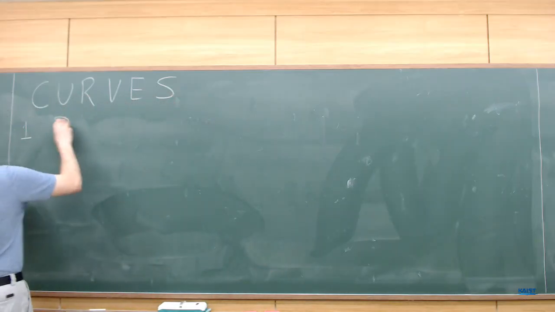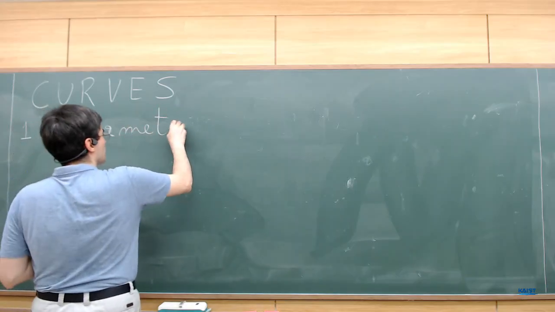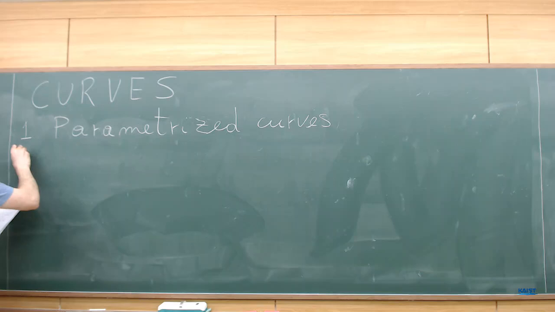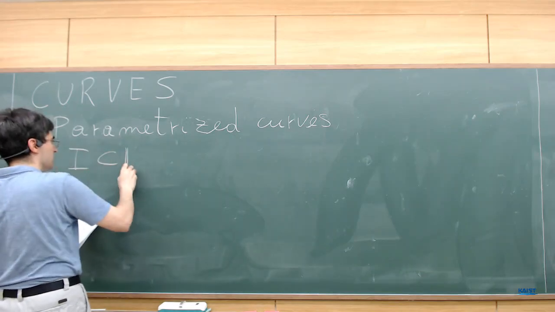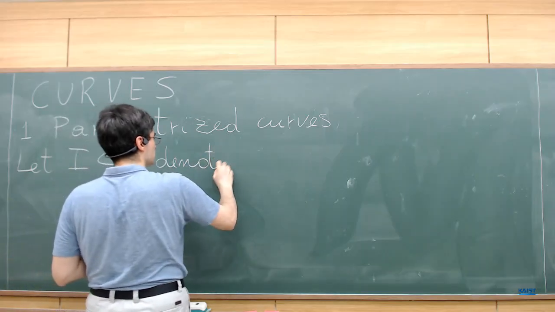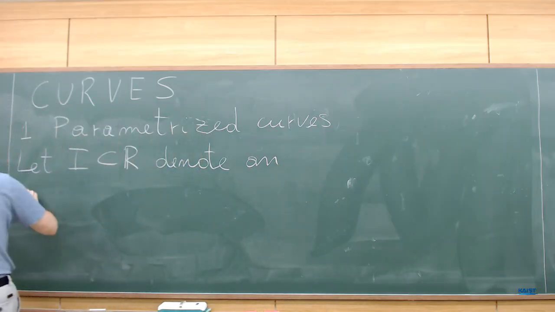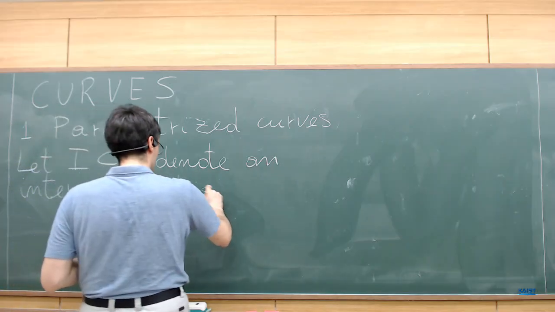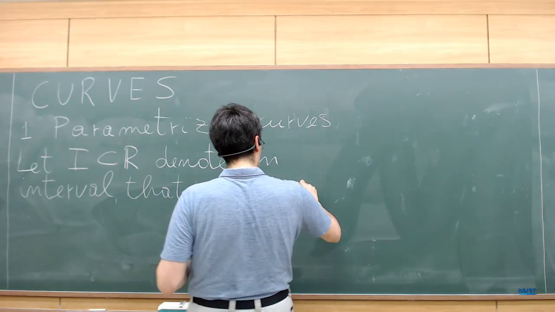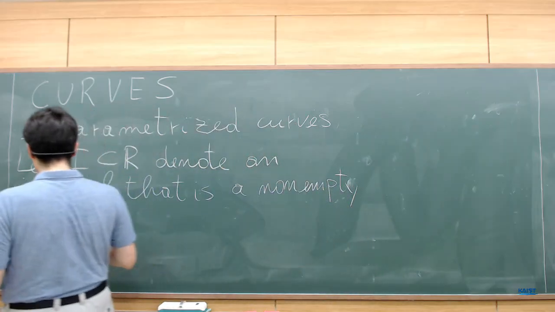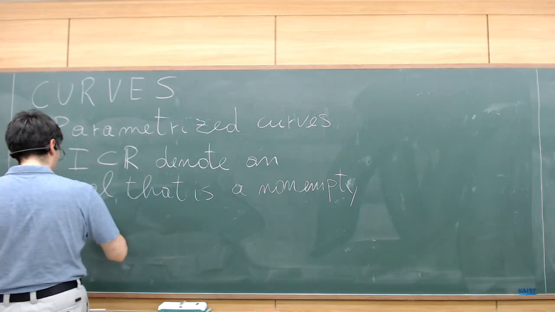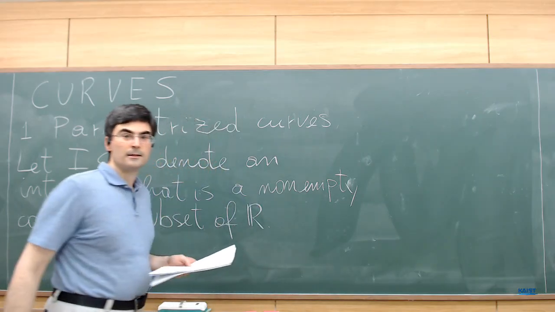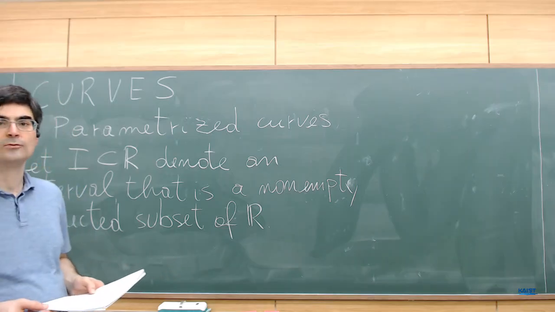So let I contained in R denote an interval, that is, a non-empty connected subset of R. It is possible to show that an interval can have only one of the following forms.